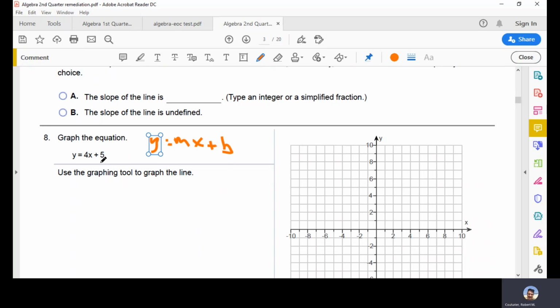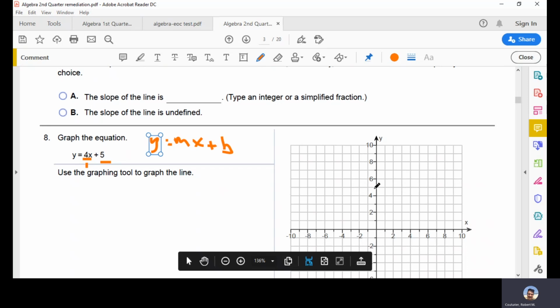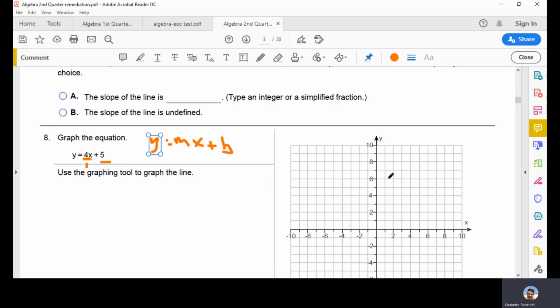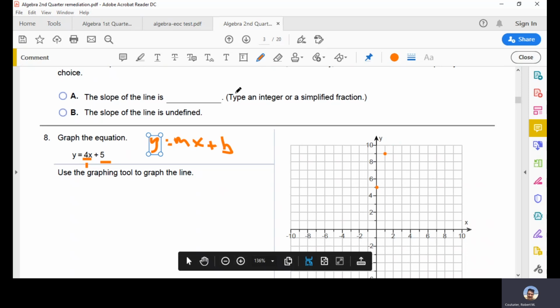So the first thing we do is plot your 5 on your y-axis, and then you apply the slope. Even though it may not look like a fraction, this is technically a fraction, 4 over 1. The rise is 4, so from 5, you would go up 4, and you go to the right 1. Okay, 5. You go up 4, 1, 2, 3, 4, and over 1. And it draws your line for you.